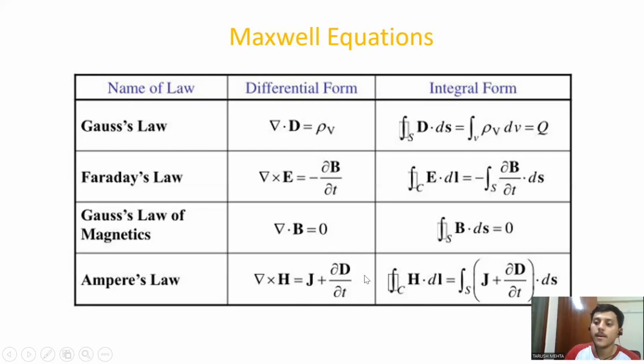So basically, if we perform the integration of the magnetic field vector with the length vector across any closed curve, that integration will be equal to the total current coming out from that surface, because integral J dot dS represents the current. So integral of H dot dl is equal to the current enclosed by that surface.